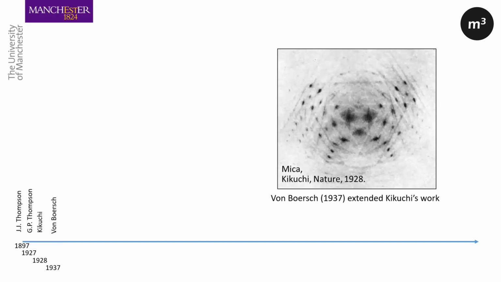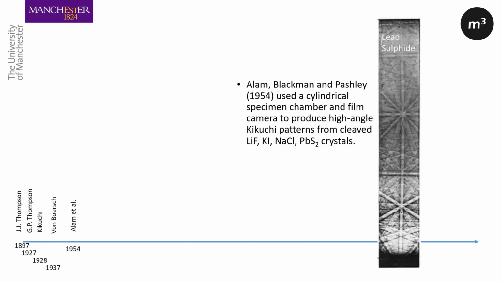Later, in 1937, von Bosch extended Kikuchi's work and gave a bit more explanation of how it all happens. And then Allen et al. in 1954 actually put a film into an SEM and captured the backscatter pattern from lead sulfide and other cleaved samples.